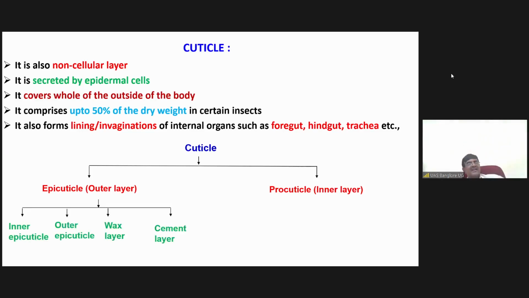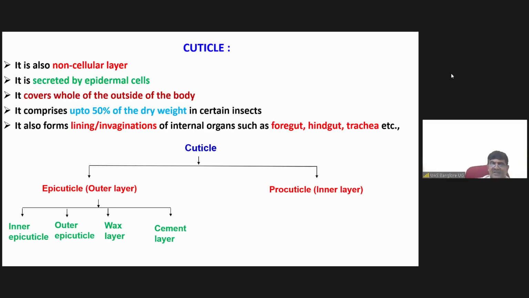The epicuticle can be further classified into sublayers called inner epicuticle, outer epicuticle, wax layer, and cement layer.